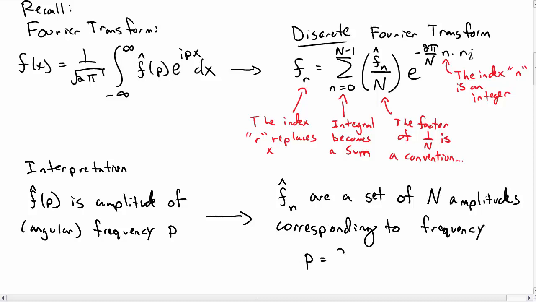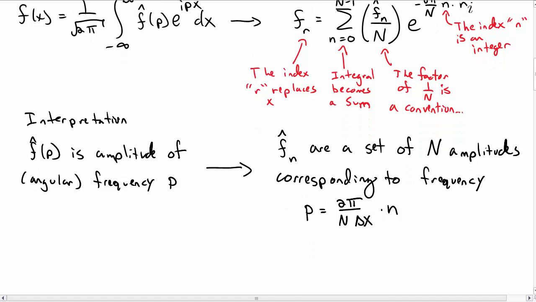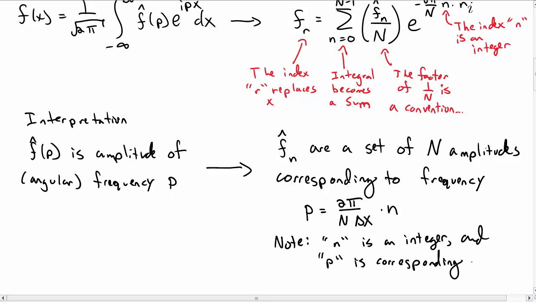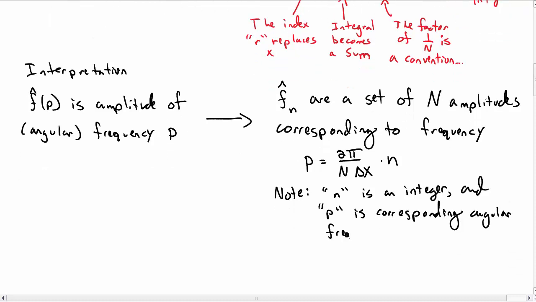But now those angular frequencies are given by the expression 2 pi over big N delta x times the little value n, for whatever that little value n is. Note here that n is an integer, just a number, but p is the corresponding angular frequency. And that's really important when we're going to be interpreting our results. The calculation won't be a problem, but interpreting we'll have to think about.